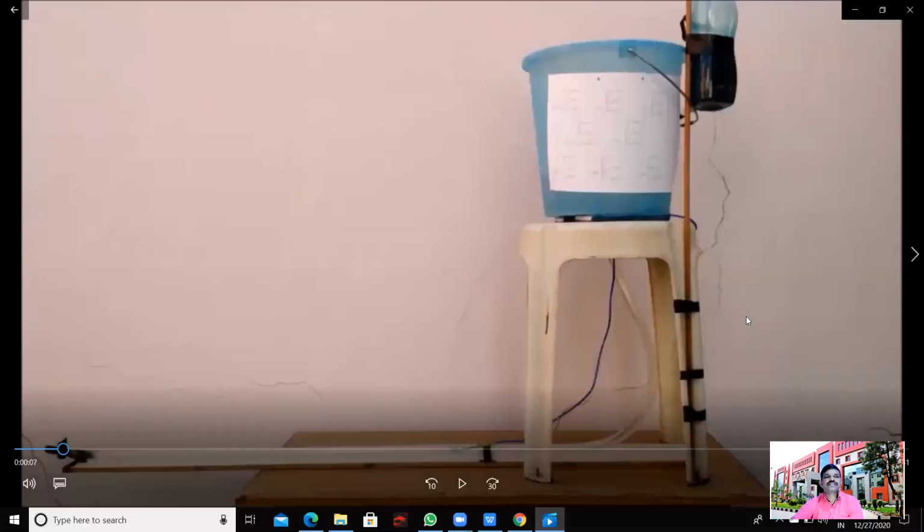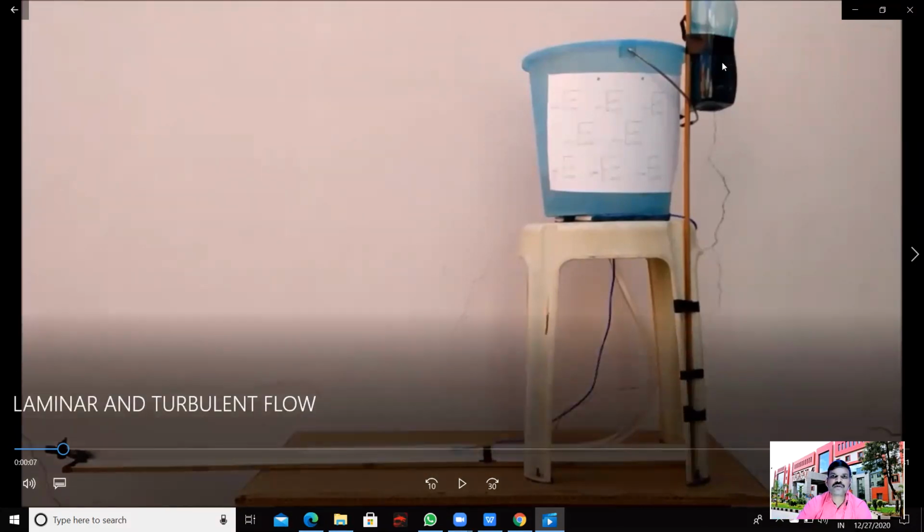Okay, students. Next, we will see how to do the experiment in the laboratory, for your better understanding. For this, we need a bucket of water, dye pigment colored solution, one injection and a transparent tube.